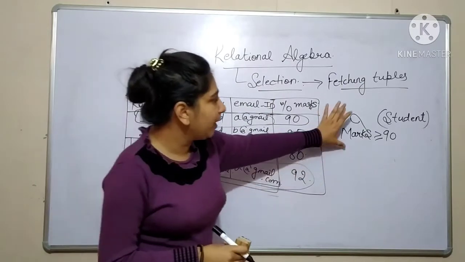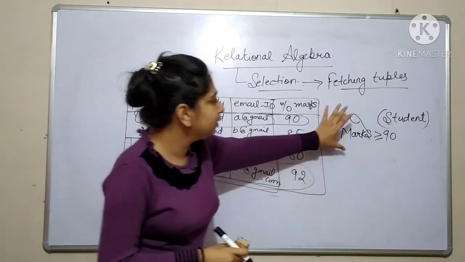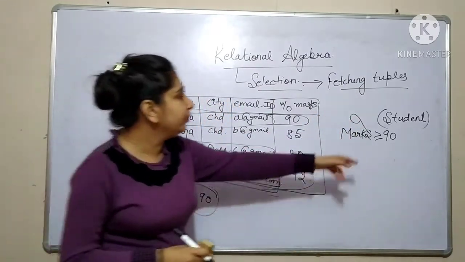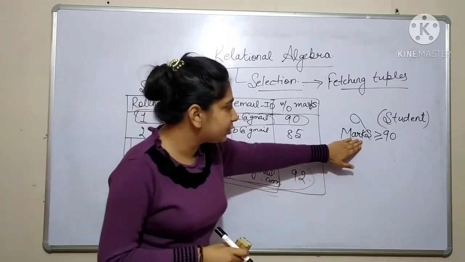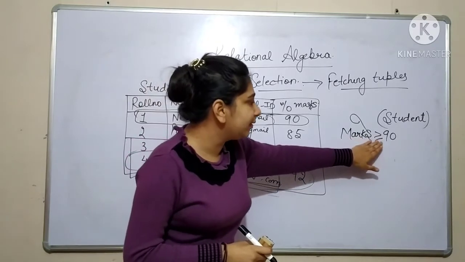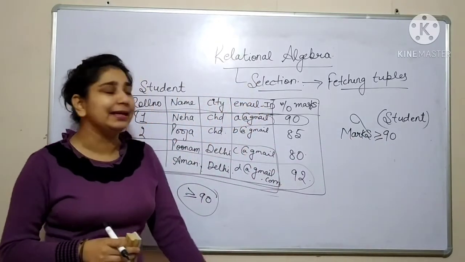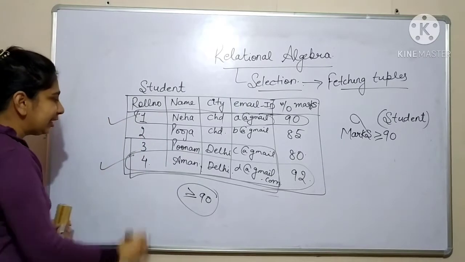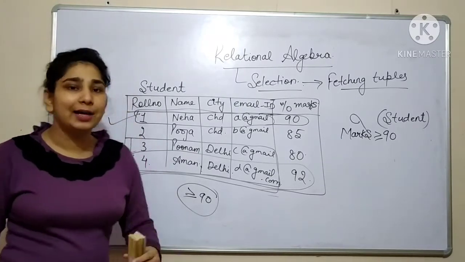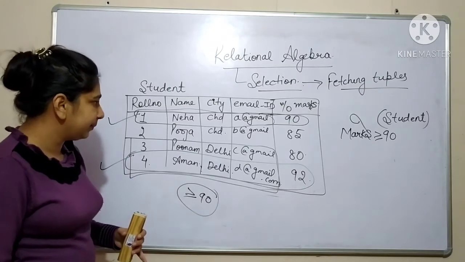This way we would write the query: from the student table, select all the students whose marks is greater than or equal to 90. In the output, the first and the fourth rows are going to be present.